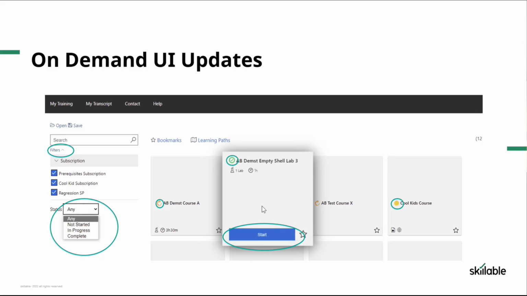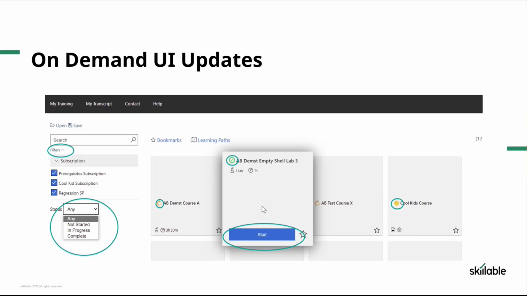You've then got this new status drop-down box where we've got a status of any, not started, in progress, complete. That ties into the changes on the right-hand side. The first thing you'll notice is these new icons. These circled icons, the green tick, the arrow in a circle, and the little sun icon, are all brand new.